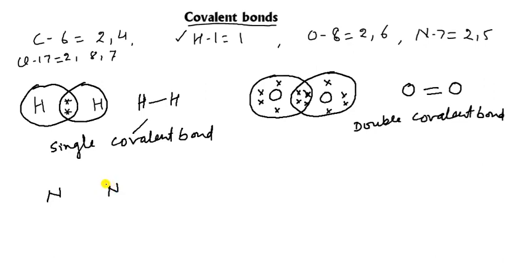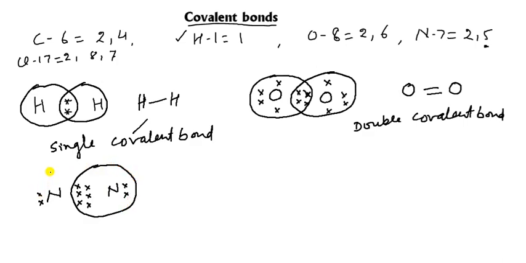And what about nitrogen? Let us see in nitrogen. Nitrogen has 5 electrons in the outermost orbit, so we can make the 5 electrons: 1, 2, 3, 4 and 5. Once again, 1, 2, 3, 4 and 5.